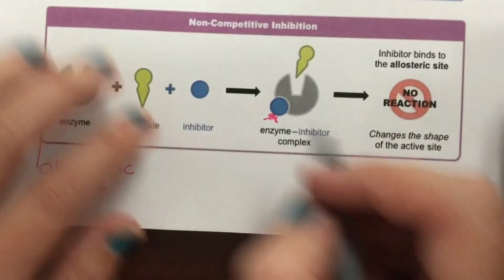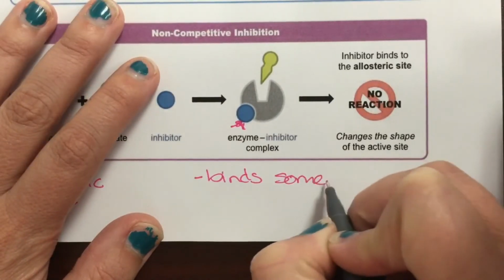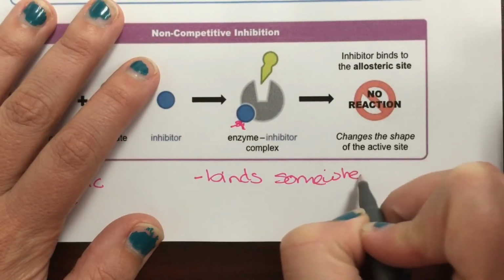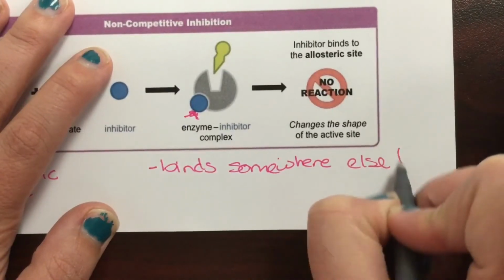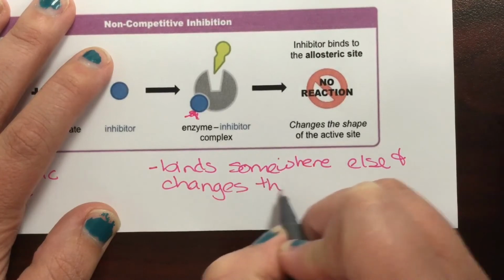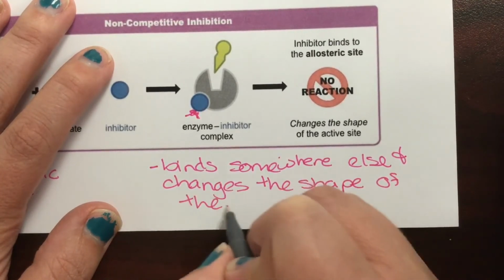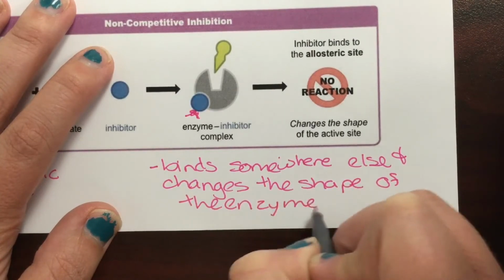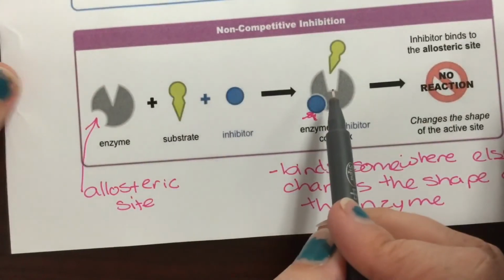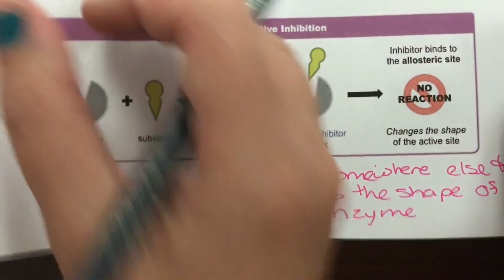So it binds somewhere else and changes the shape of the enzyme. Either way, it's preventing the substrate from binding to the enzyme and creating a reaction.